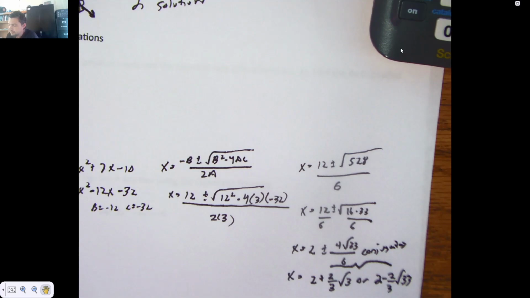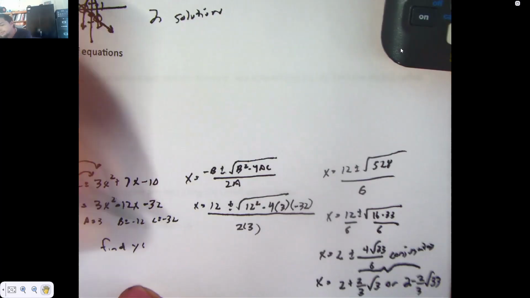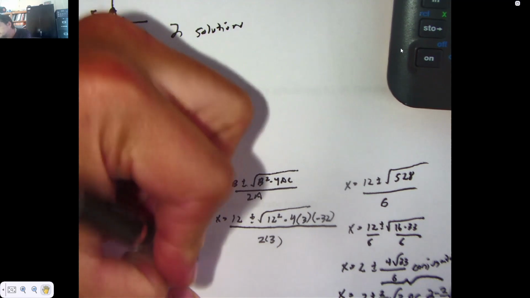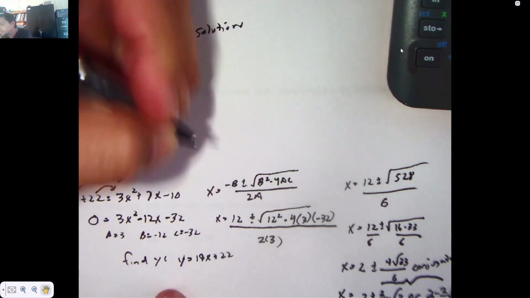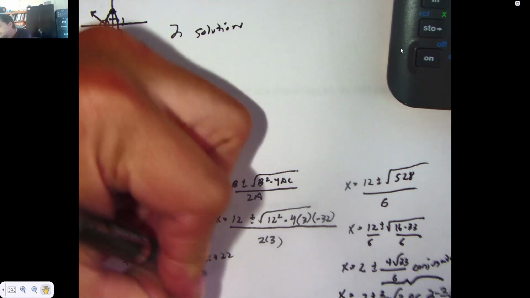And you are solving. So here's the fun part. That's x. All right. Now we get to find y. And we have this little equation here that y is 19x plus 22. So I'm just going to plug that in. Everywhere I see an x, I put 2 plus 2/3 root 33, and then I add 22.